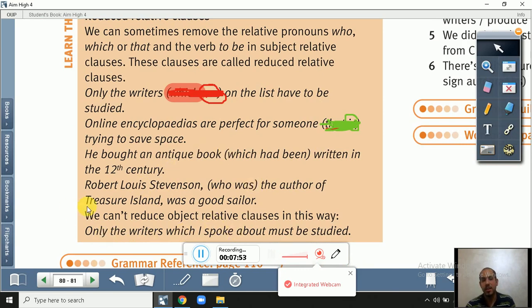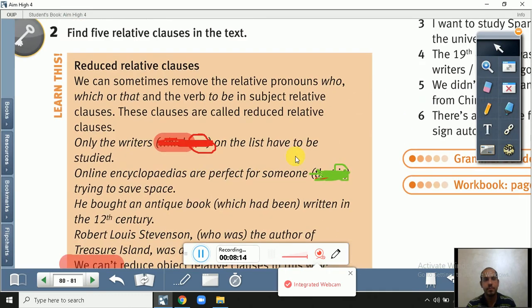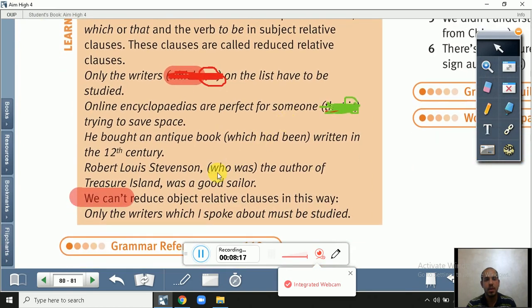But here there is a very important note. We can never reduce object relative clauses in this way. Let's see. Only the writers which I spoke about must be studied.